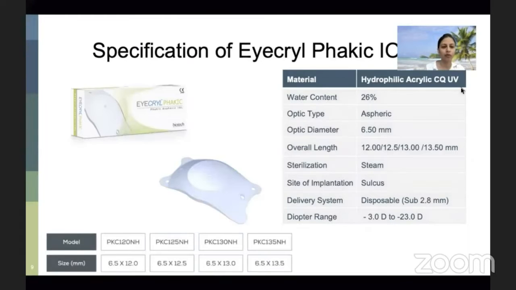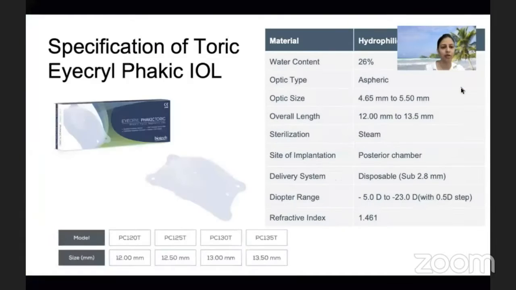They are monofocal hydrophilic acrylic foldable single-piece posterior chamber IOLs, available in a diopter range of -3 to -23. A toric form is also available with a range of -5 diopters to -23 in 0.5 diopter steps.